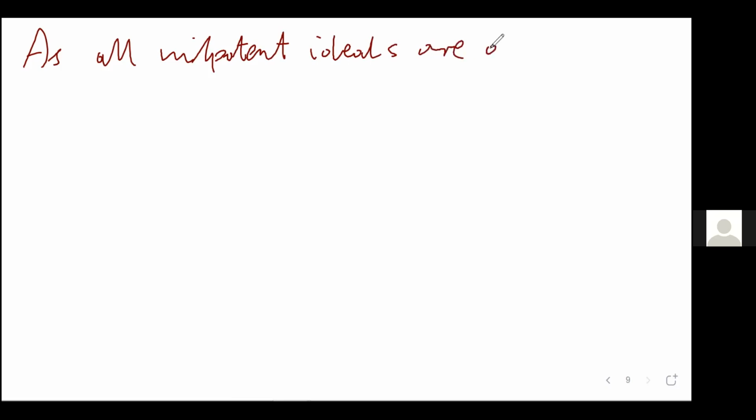Okay. Now, remembering that all nilpotent ideals, nilpotent is one L, are contained in the Jacobson radical of Ke.